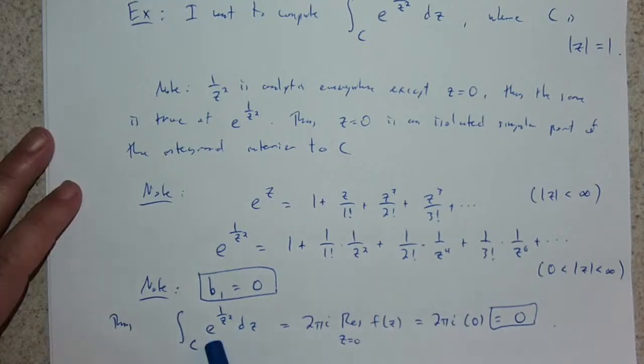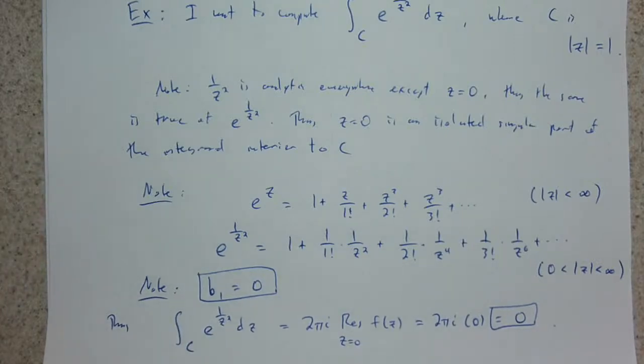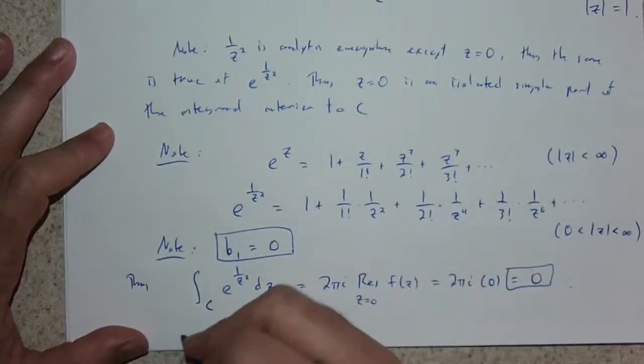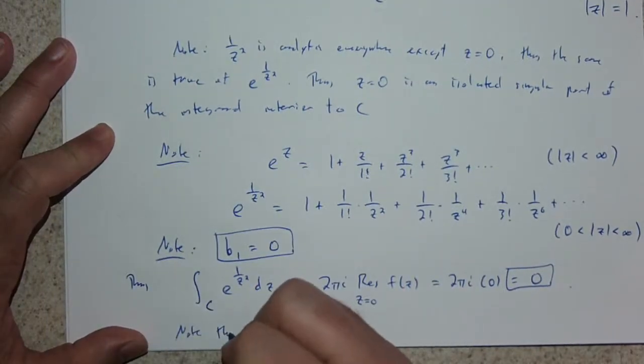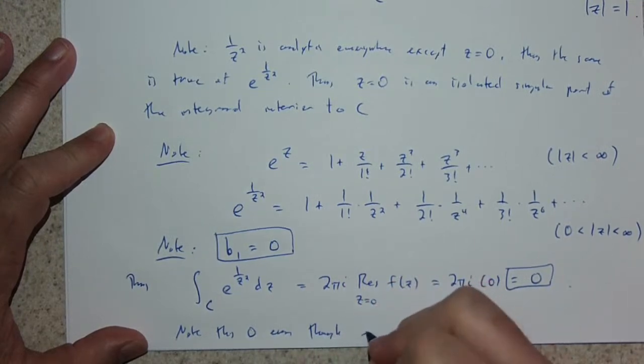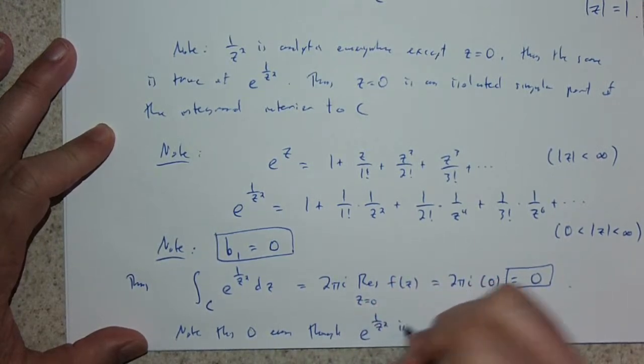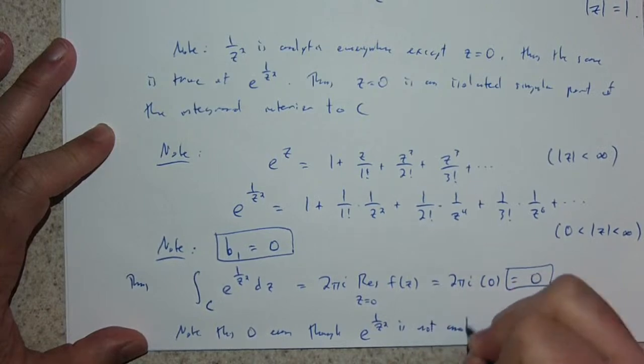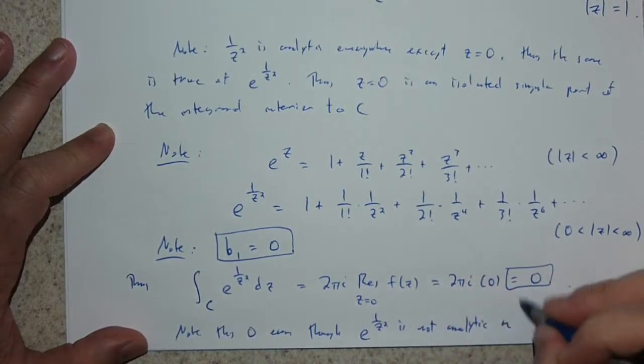Because here we have a function that is not analytic on the interior of C, and yet this contour integral is 0. So this is a key example. All right, so note this is 0, even though e to the 1 over z squared is not analytic in the interior of C.